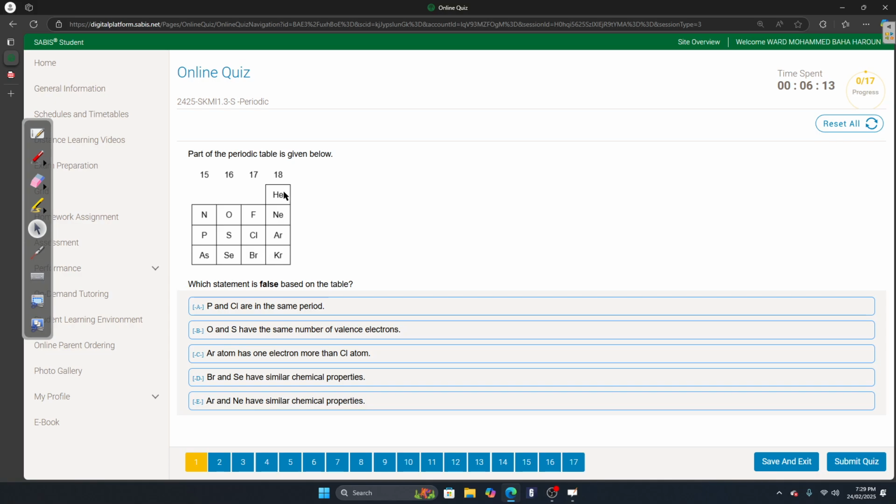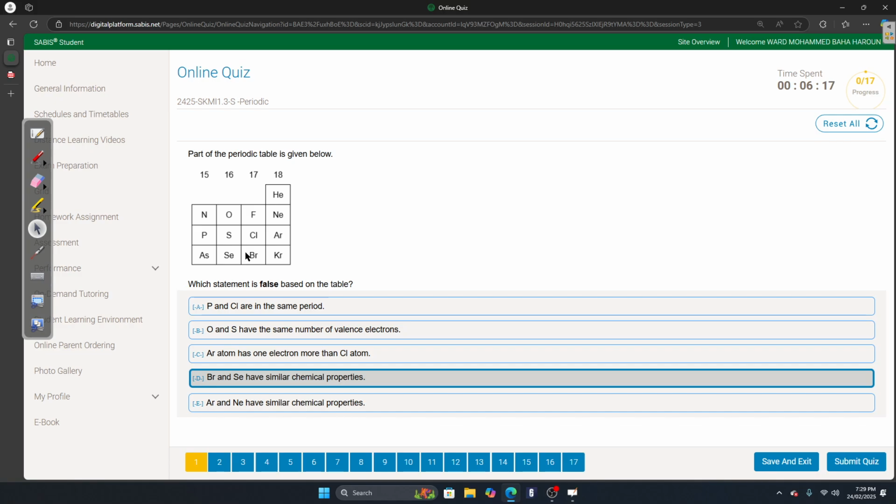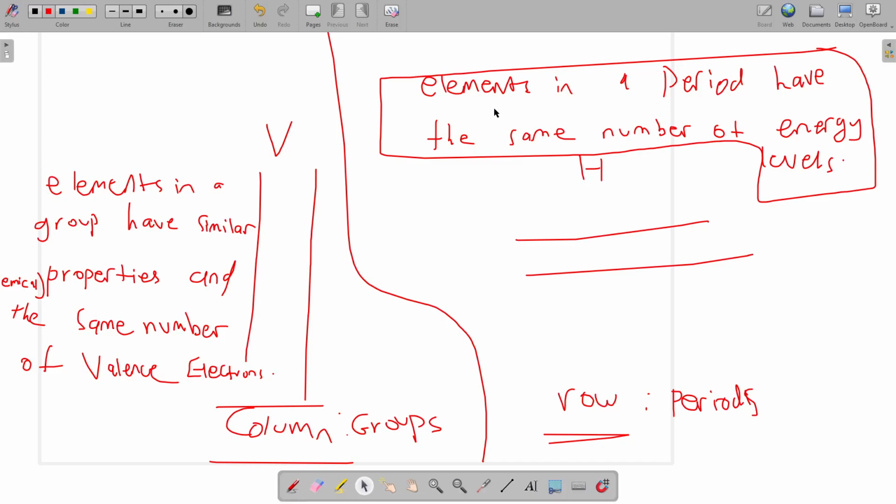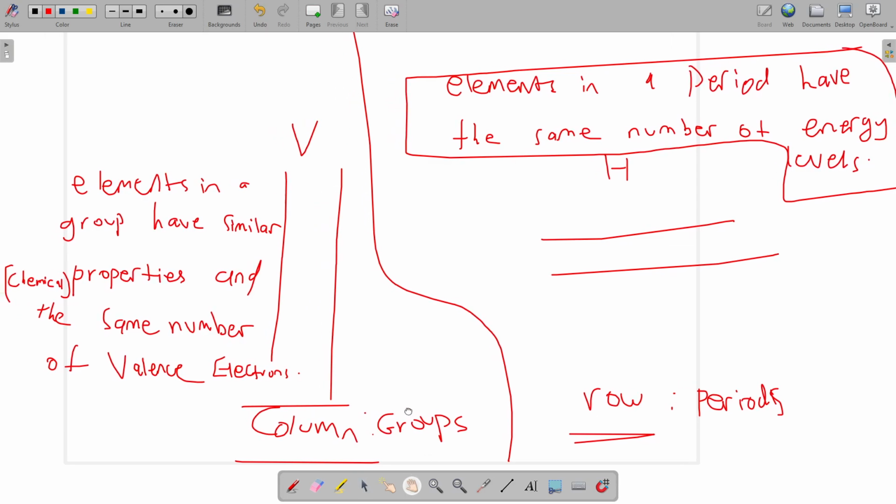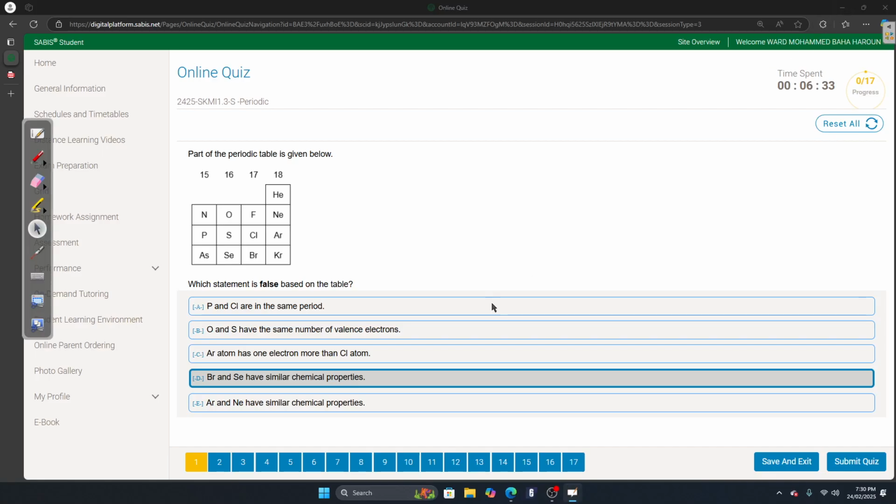If they are in the same group, they have similar chemical properties. That is true. This is not true because Br and Se are in the same period. And we said for same period, they have the same energy levels, not the same chemical properties. That's why this is false.